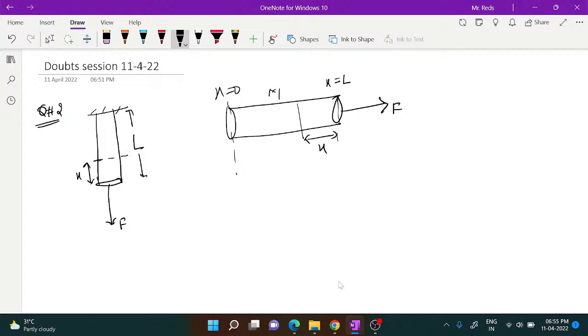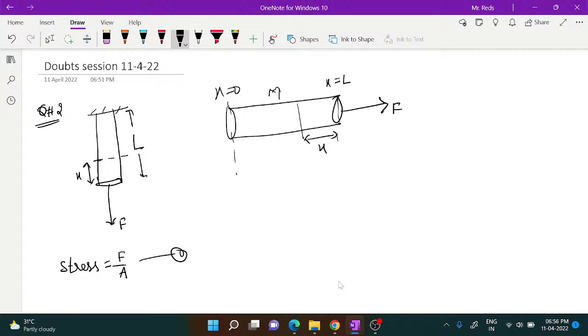Stress is nothing but force by area. If you know the force at this point, then you can understand the stress. Because the mass is uniform, mass is distributed uniformly. So what is the force at this end?